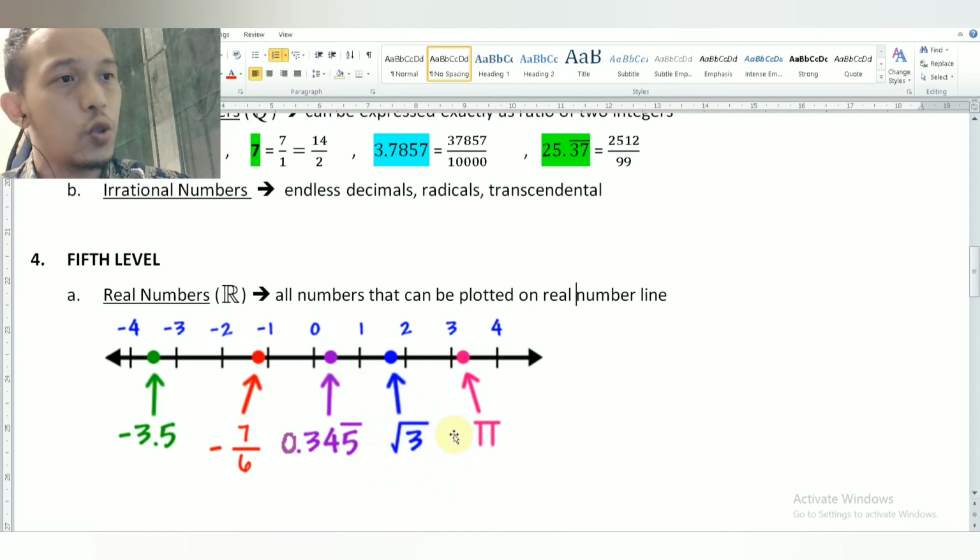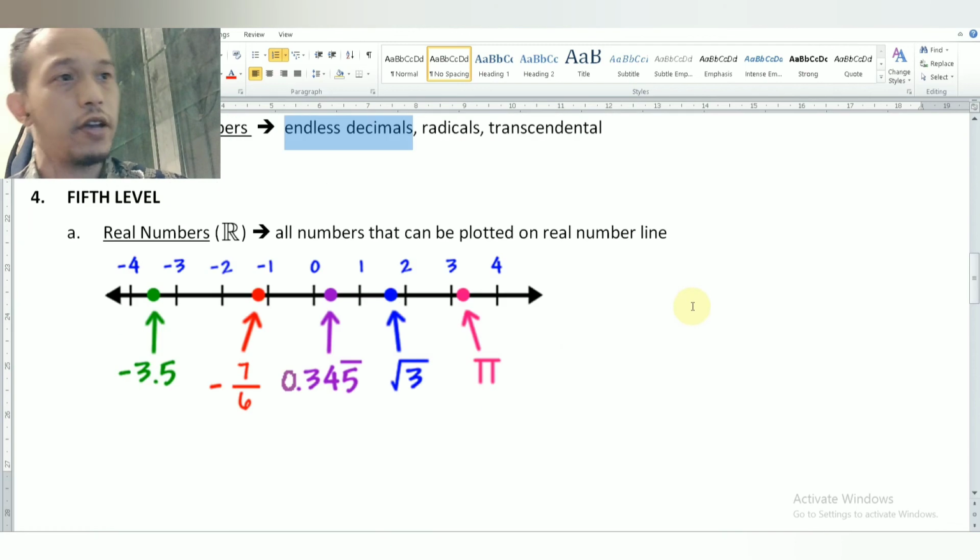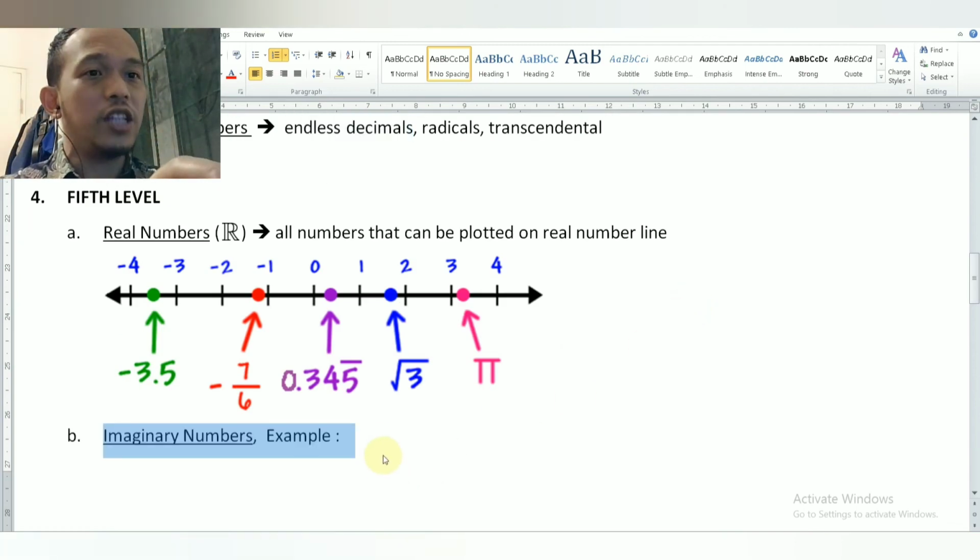Of course, since it is an irrational number, an endless decimal, you cannot find exactly the number, but you can approximate that the location is around here. How about pi? Yeah, it's around here. So all of these numbers, if you can find the location on the real number line, you have real numbers. Okay, how about imaginary numbers?